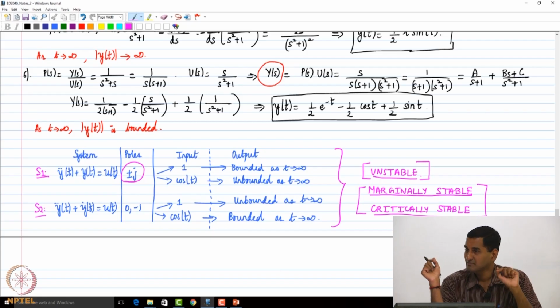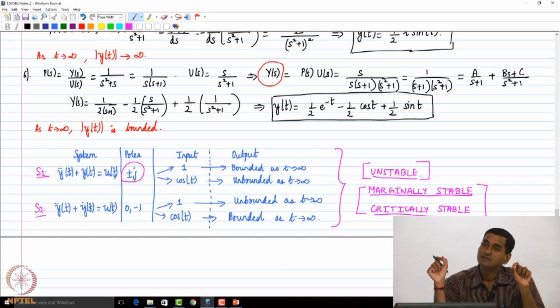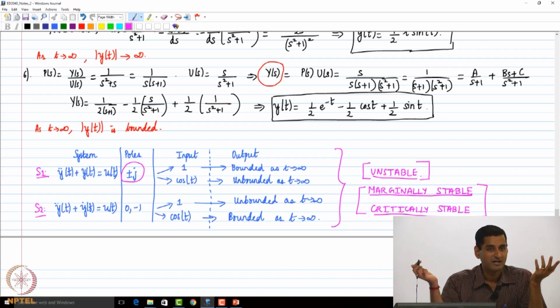So for such systems, if you give a step input, the output is unbounded. But if you give a cos omega t or sin omega t bounded input, the output will be bounded.